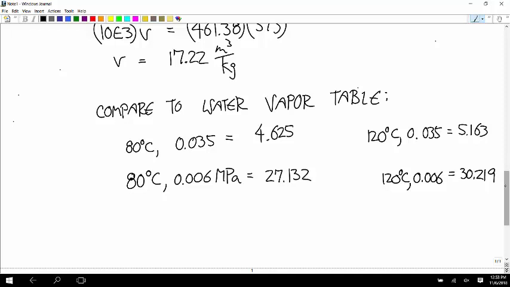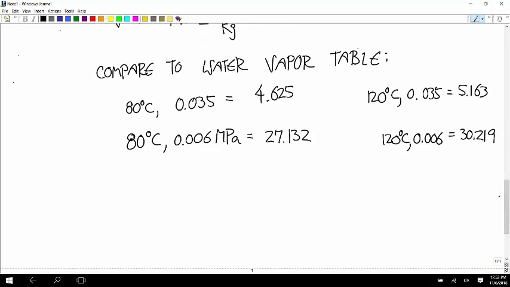Yeah. Let's do this. Okay, so first, the specific volume at, what are we trying to go to? 100 Celsius.